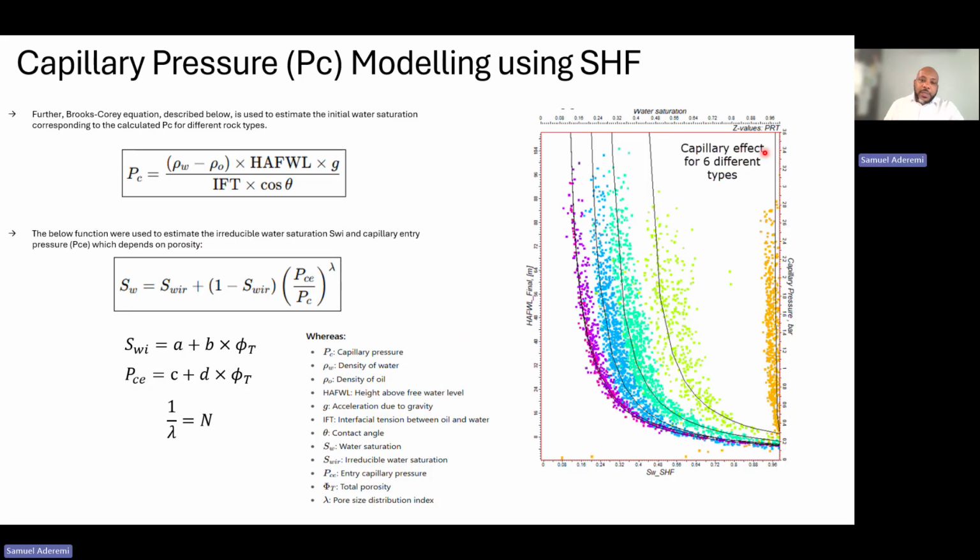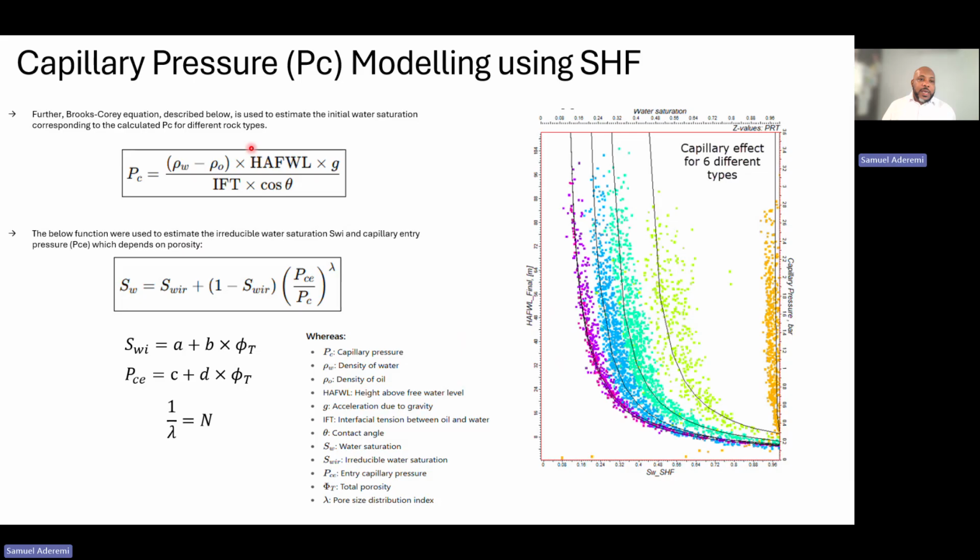The starting point in this case is the capillary pressure equation, which relates the capillary pressure itself, the pressure difference between the oil and water, to the height above free water level, as well as the density difference between the oil and the water in the case of the oil-water system, and also to the interfacial tension and the wettability of the system, measured by the contact angle in this case.